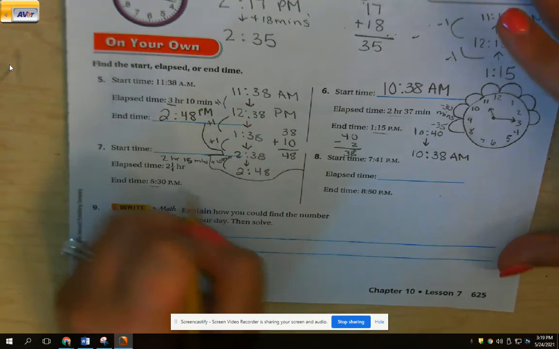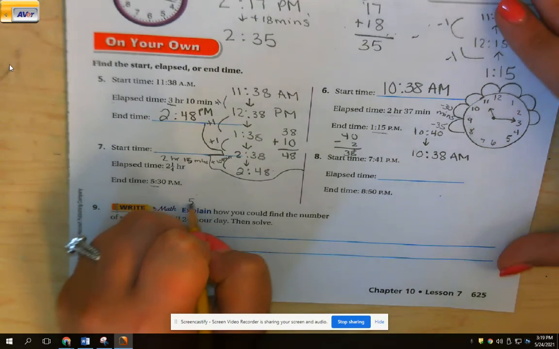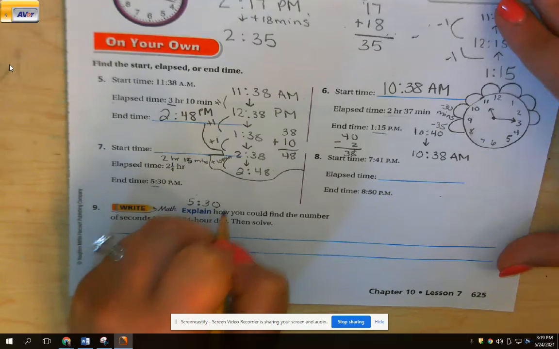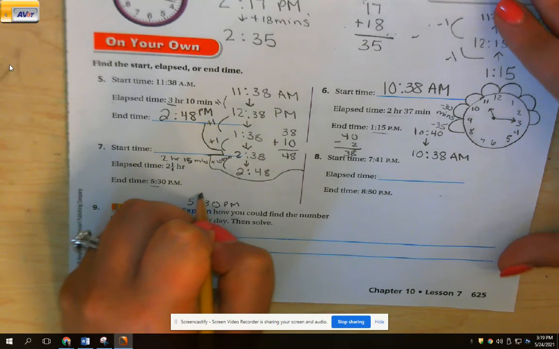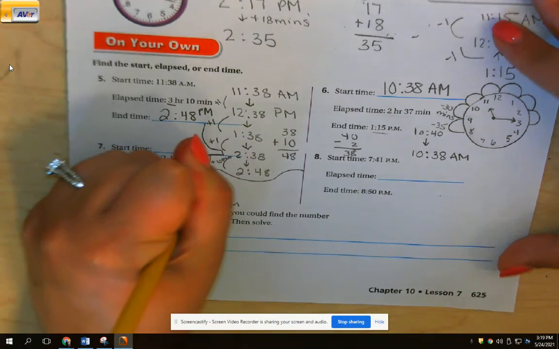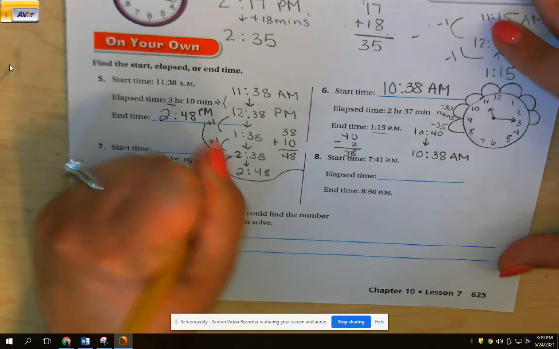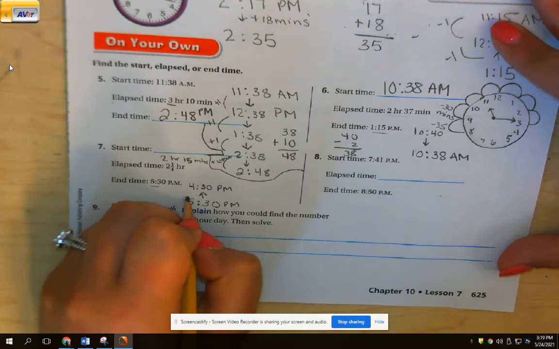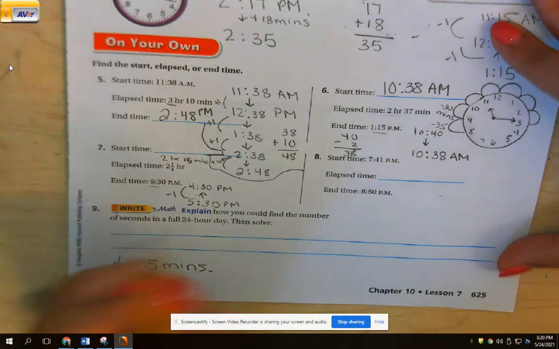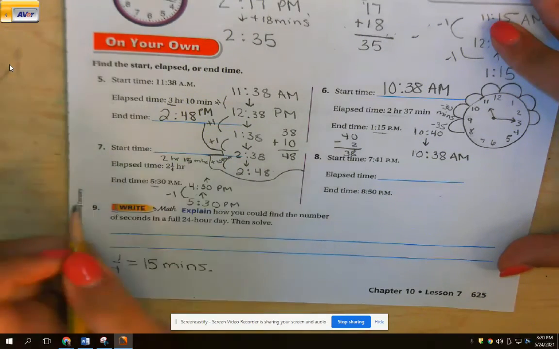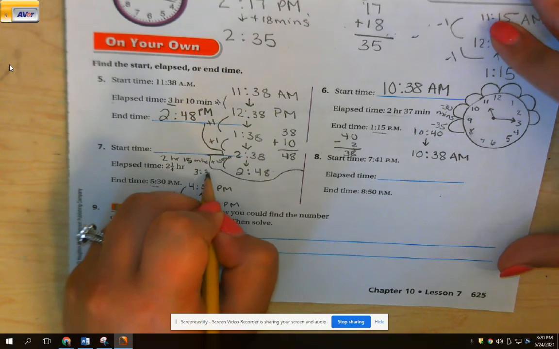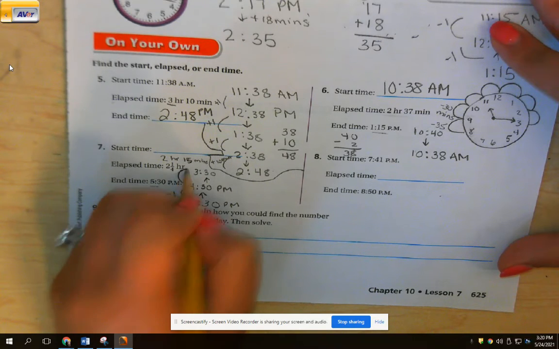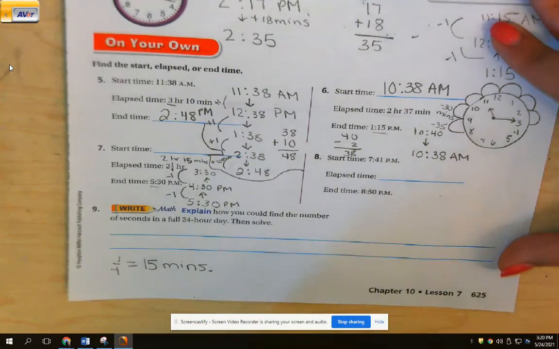All right, let's go backwards the hours first. 5:30 minus 1 hour would be 4:30. Minus 1. 4:30 minus 1 hour would be 3:30. Minus 1. So we did the hours.